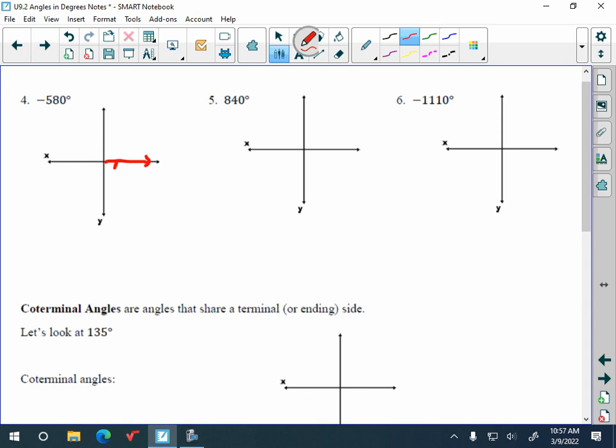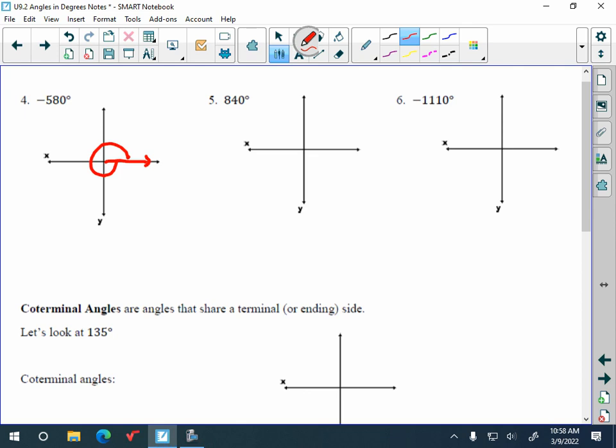So in the negative direction, that's negative 360. All right, so how much more do we need to go? Okay, so we have to go another 220 degrees.